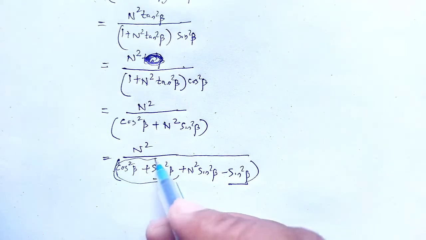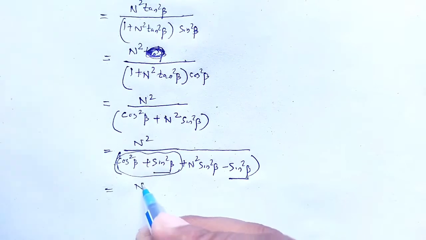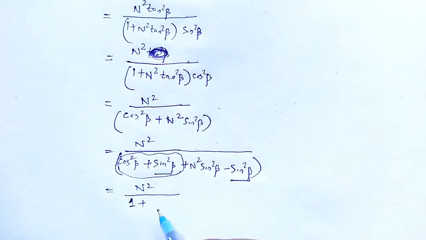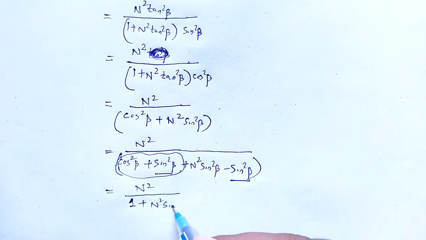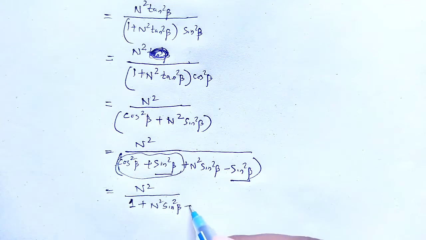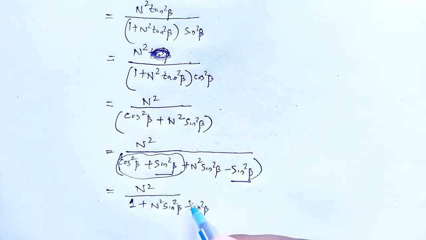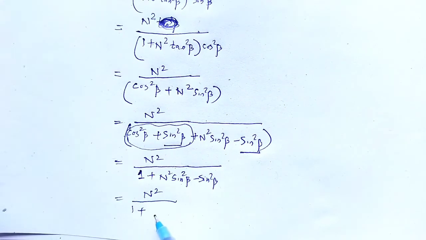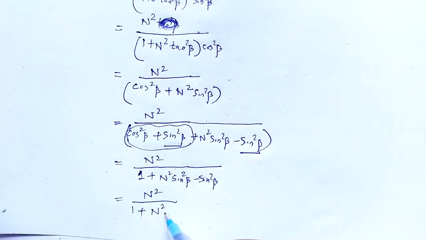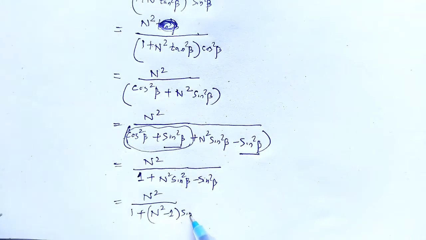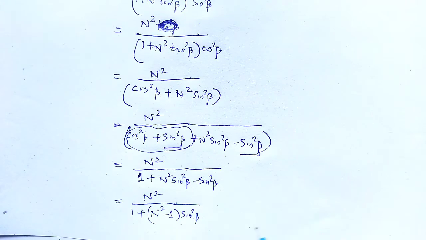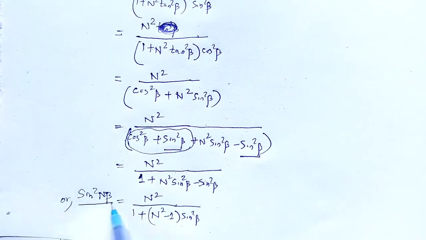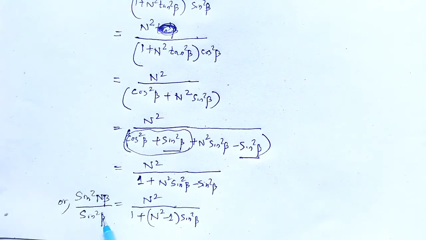Cos square beta plus sin square beta is equal to 1, therefore n square divided by 1 plus here n square sin square beta minus sin square beta is equal to n square, 1 plus sin square beta is common, we have n square minus 1 whole into sin square beta. That is the value of sin square n beta divided by sin square beta.